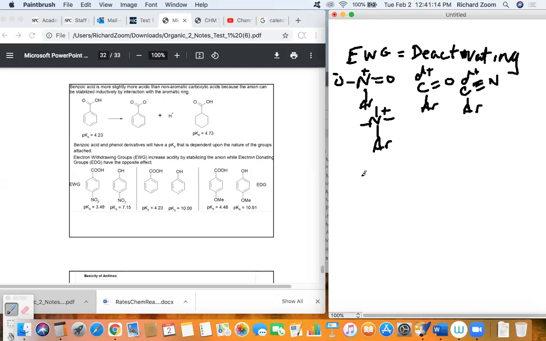So the other ones we have are EDG, which is electron donating groups, and that's activating. Those are the OR type groups and R2 type groups.